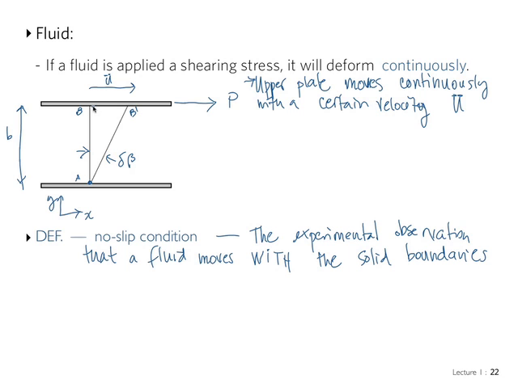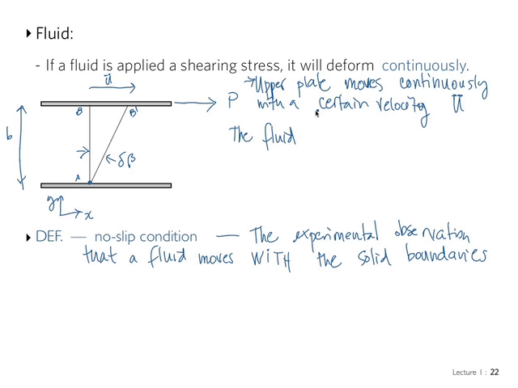So the top layer of fluid, which is right next to the top plate, is going to move with velocity U, capital U, and the layer of fluid which is right next to the bottom plate is not going to have any velocity. It's just static there.